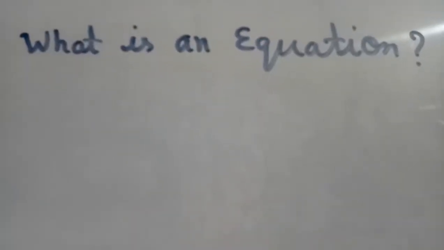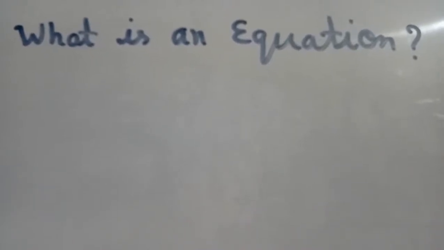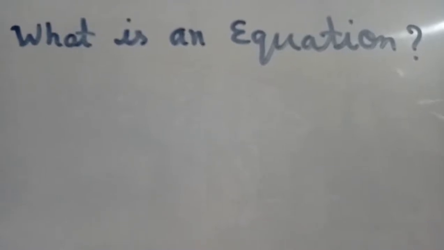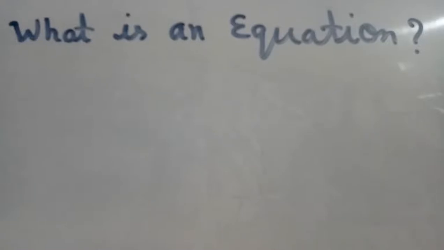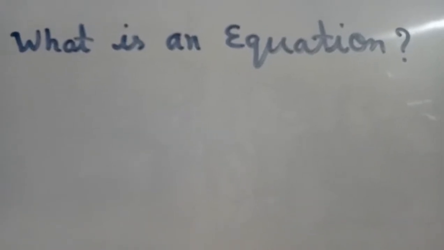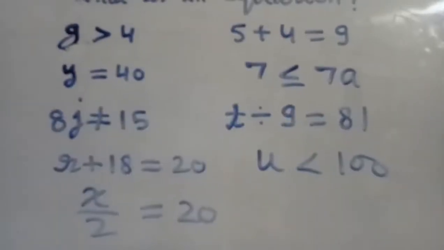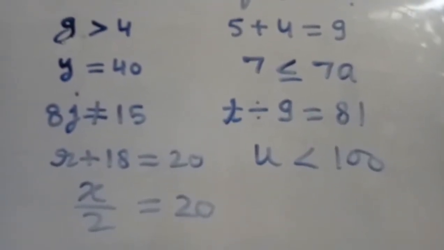Students, a question arises in your mind: what is an equation? How can we identify whether the given statement is in the form of an equation, and what are equations and what are not? So student, here are some examples.